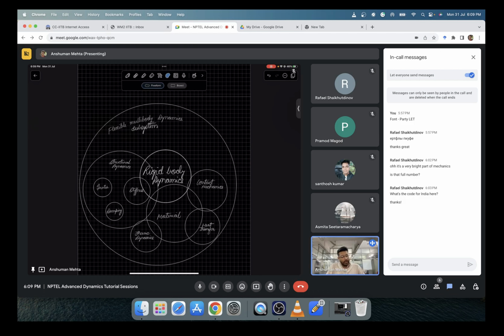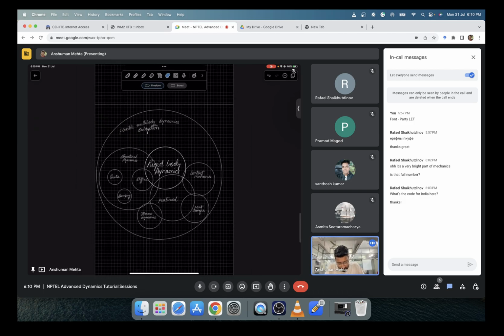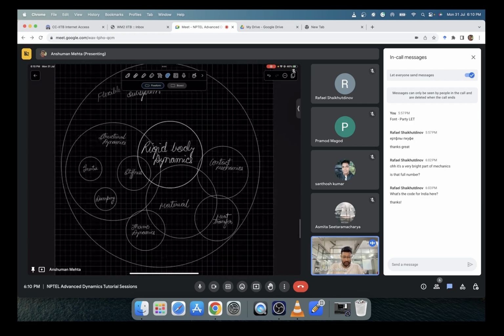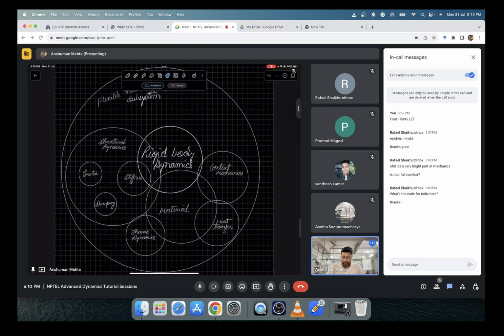So flexible multi-body dynamics, or we can say advanced dynamics, can be a combination of these circles, which obviously include structural mechanics or structural dynamics. So this is advanced dynamics.